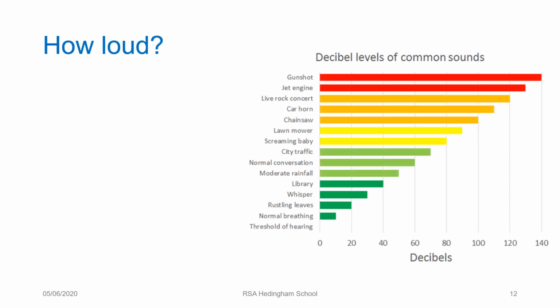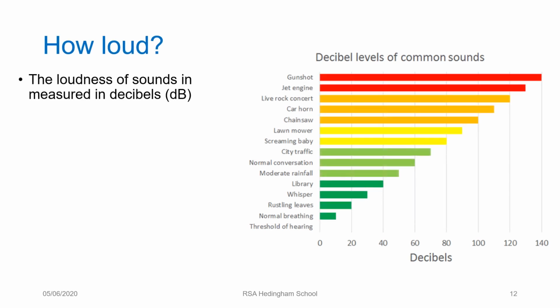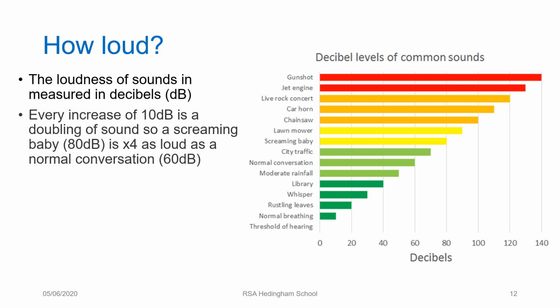So, how do we measure the loudness of sound? The loudness of sound is measured in something called decibels, little d, big B. And every 10 decibels is actually a doubling in the intensity of that sound. So if you look at the chart on the right-hand side, a screaming baby makes a noise of about 80 decibels, compared to a normal conversation, which is 60 decibels, so that's an increase of 20 decibels.